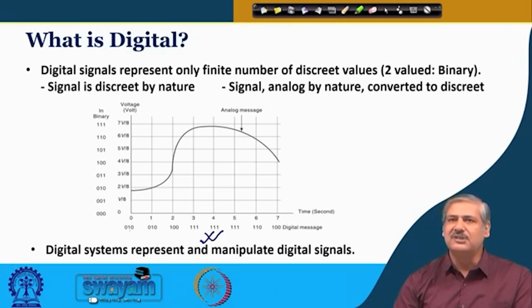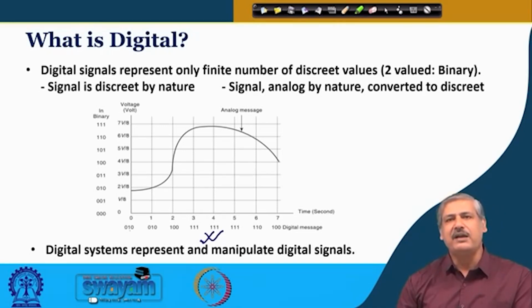Now, we need to analyze and process those signals as well, the signals that are coming from nature. To do that, what we need to do is to discretize these continuous signals, for which we need something called analog to digital conversion.